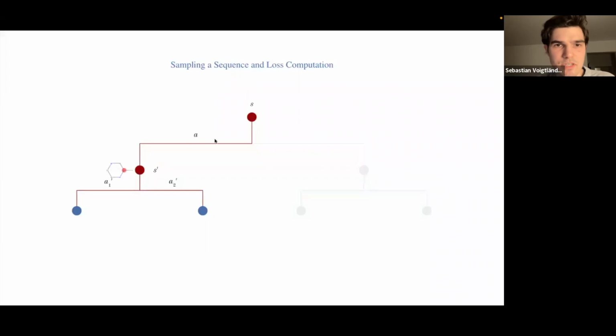Let's say you take this path here as an example, then you would have the flow that is parameterized, that is simply a neural network in most cases, that goes into the node, which is simply the flow along this single edge here. And the outflow of this, if you look for the trajectory balance loss, will be simply the sum over the flow along these two edges here.